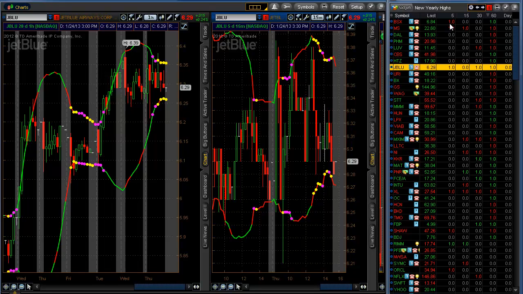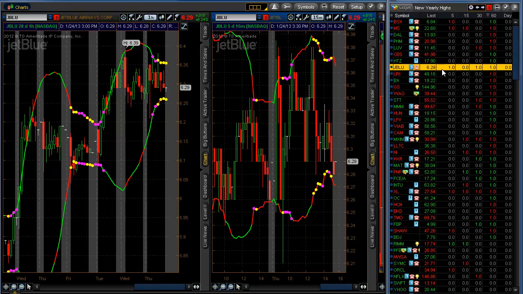We can do this on the 5 minute, 15, 30, 60, and daily. Coming down the column, here's one we can look at right now: JBLU, JetBlue, a potential breakout on the 5 minute, the 30 minute, and the 60 minute.